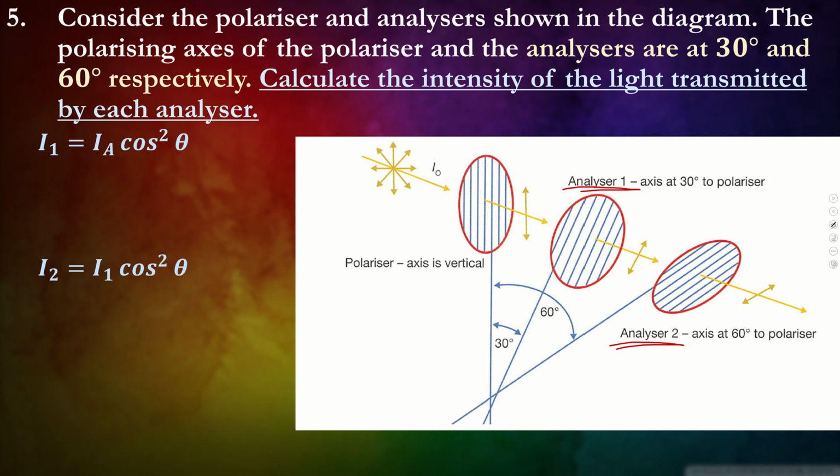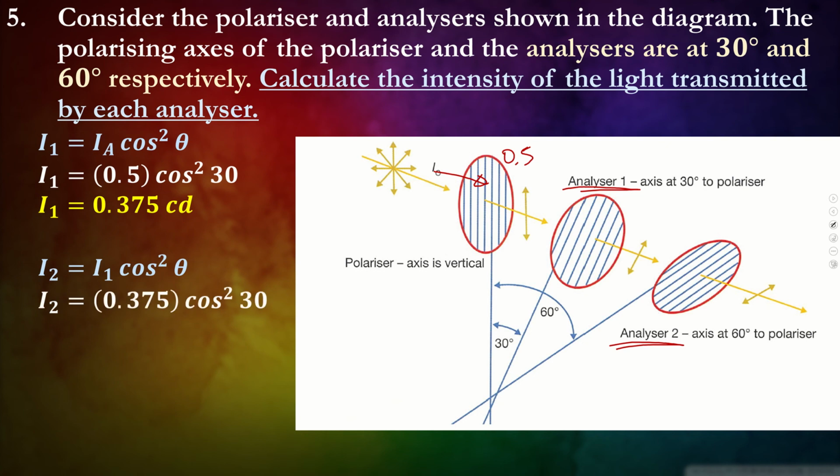Simply put, for the first one, we already know that the intensity of light is halved as it goes through the first one, so it's 0.5 the intensity. The analyzer is 30 degrees to the original polarizer, so cos squared 30, we get a value of 0.375 cd.